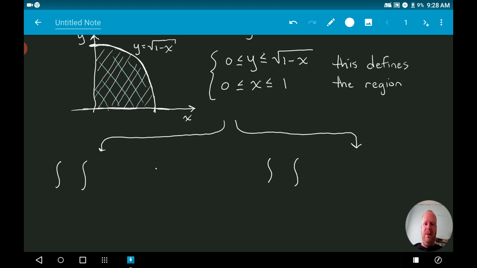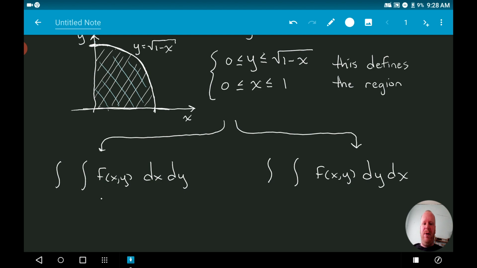The first one is going to be dx dy. The other one's going to be dy dx. And both of these, remember, I'm only looking at the region here. Both of these are going to have some surface that they're finding the volume underneath.